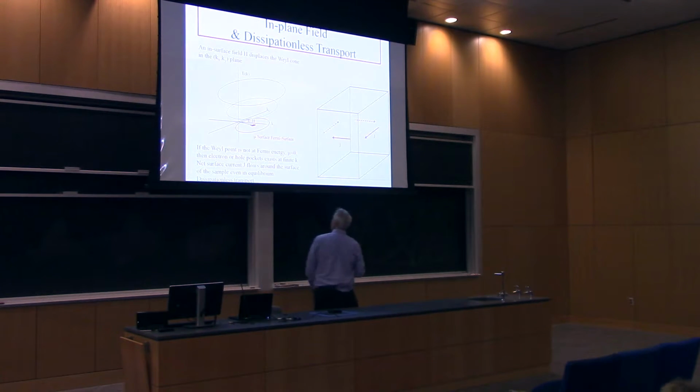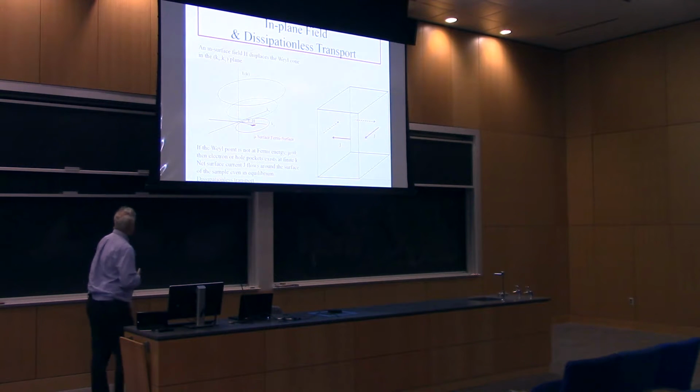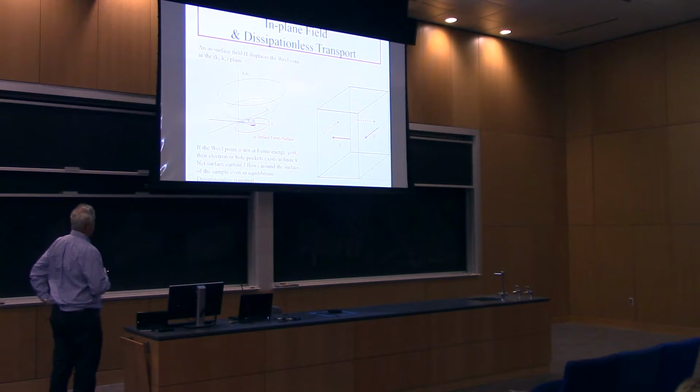So the shift in applying a field in the plane actually provides this shift of the momentum at which the cone is centered to some point here. So this is again just looking at the Fermi surface. It's now shifted away from what used to be the origin.